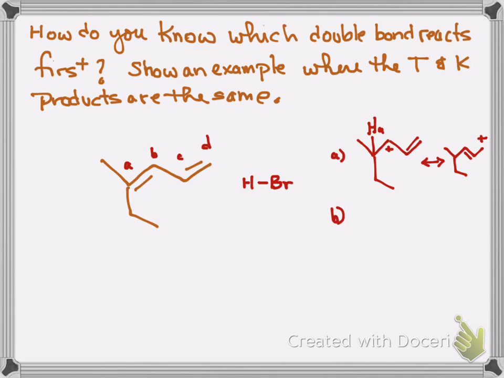then it's the Markovnikov, right? And so I get a positive charge there, and then I get the hydrogen here. So that's hydrogen on B. Like that. Does it have a resonance structure?